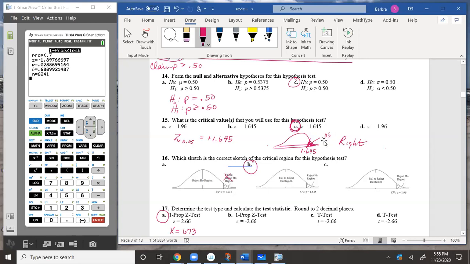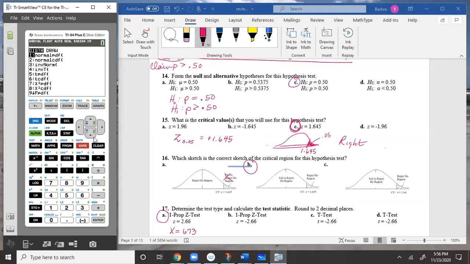If you look it up in the table, you're going to have to use symmetry. If you just look up 0.05 in the table, it'll give you a negative z-score because it's always looking at the area to the left of the value. So using symmetry, we would have to make it positive, or you can use your calculator program.